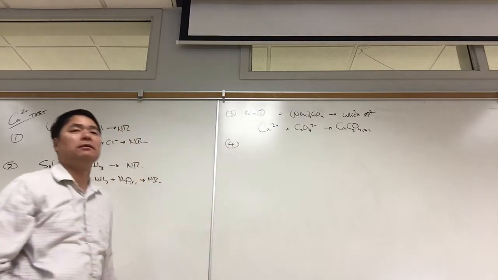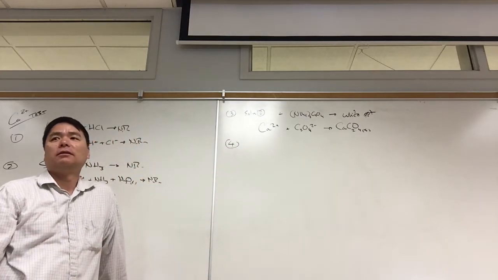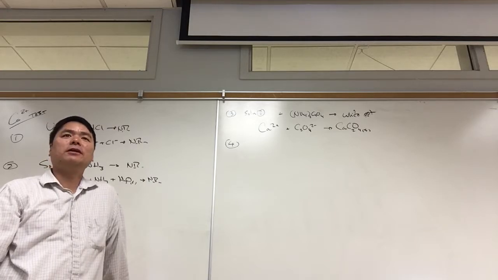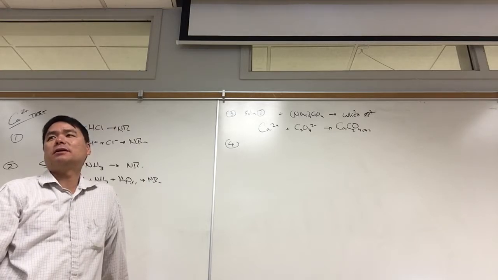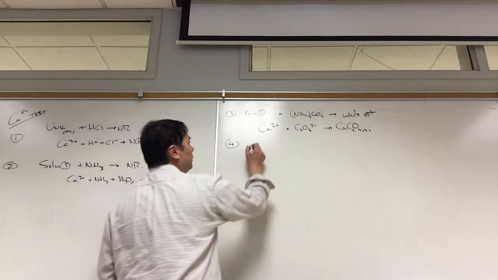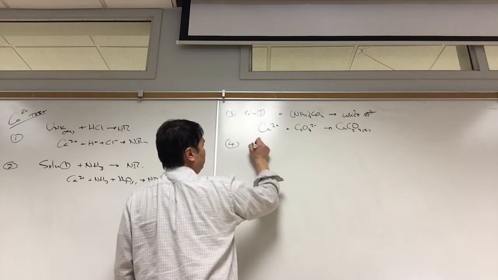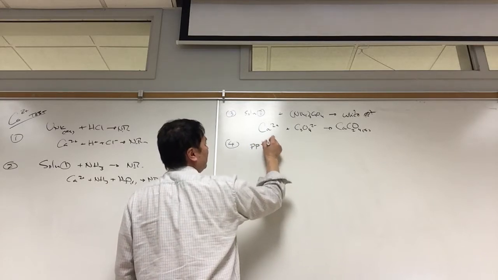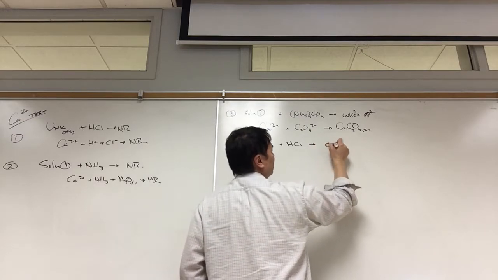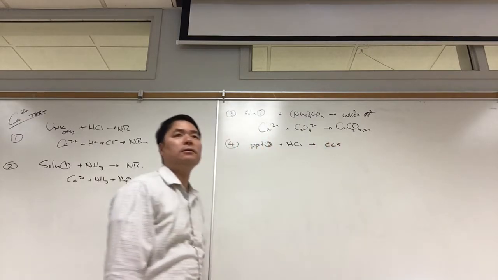Four. Okay, so you separate the calcium oxalate from everything else, and then what do you do to the calcium oxalate? You add the hydrochloric acid. So we take our precipitate from 3 plus HCl, and we should get a CCS, a clear colorless.